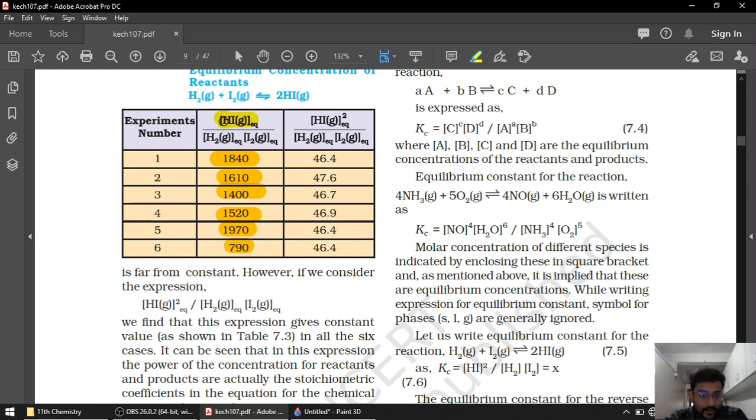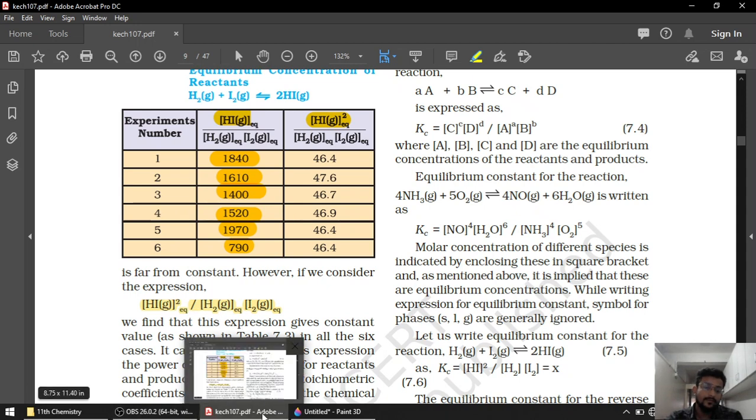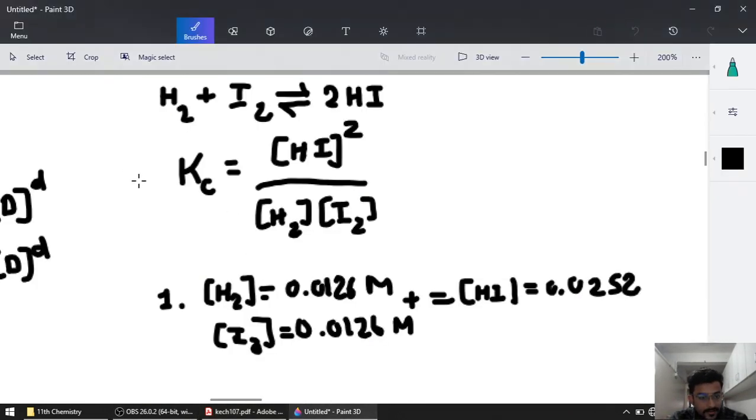It is only one power. If we take HI squared, then our equation will be right and we will get constant values. So our final equation will be HI squared divided by H2 into I2, which we have already derived. This is called the equilibrium constant Kc.